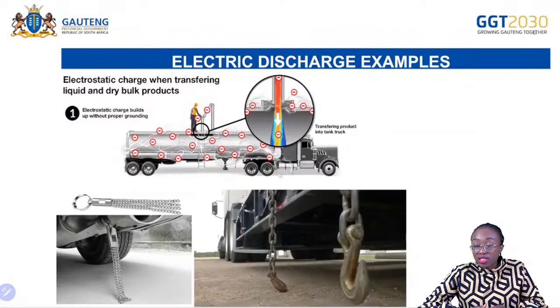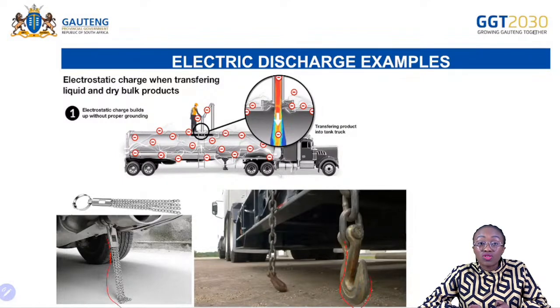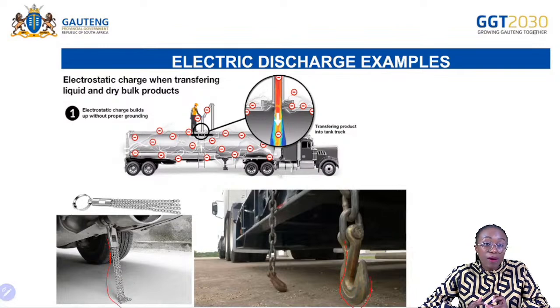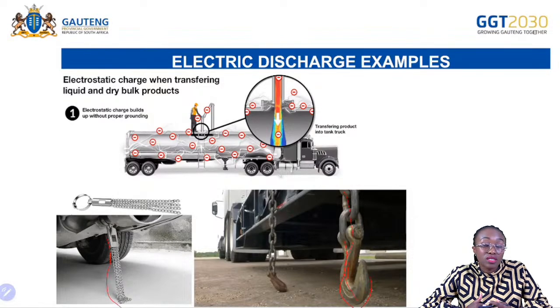So what engineers do is add chains or metal hooks to the truck, so that when the product is loaded onto the truck and charges build up, when the truck stops, those charges can simply be discharged by having one of these chains touch the earth.